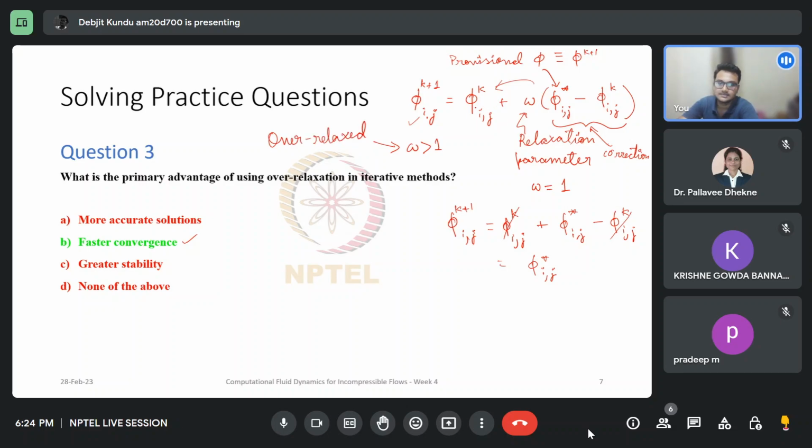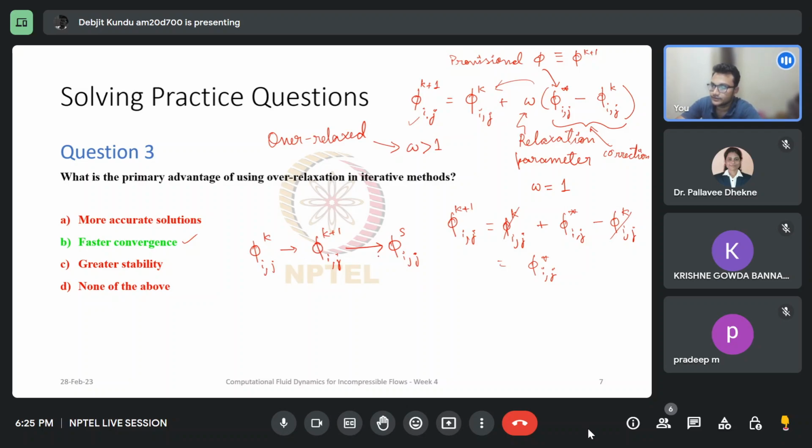So with each iteration, we go from k to k plus 1 to k plus 2 and so on. And what we are actually doing is trying to reach the final solution, S, the final solution.